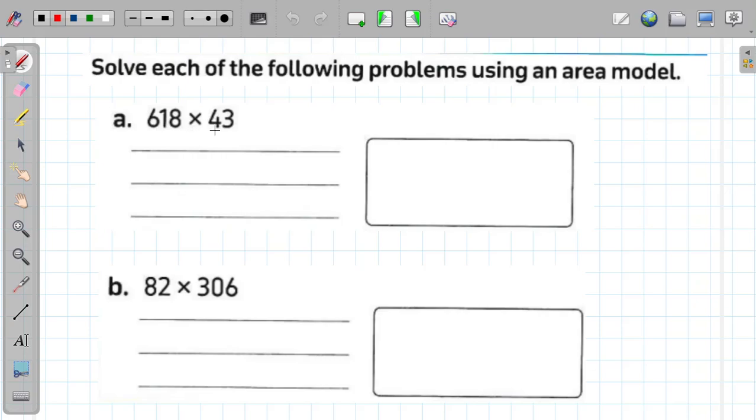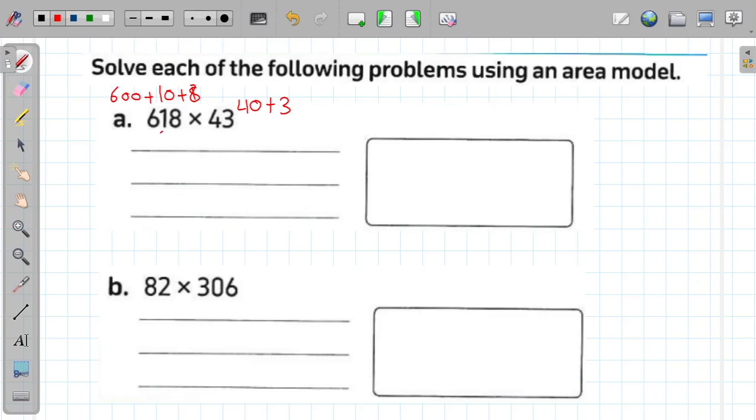Okay, let's try an example like this: 618 by 43. I will expand the first number. So it will be 600 plus 10 plus 8. And the second number will be 40 plus 3. And then I will cut the rectangle according to the number of digits here.